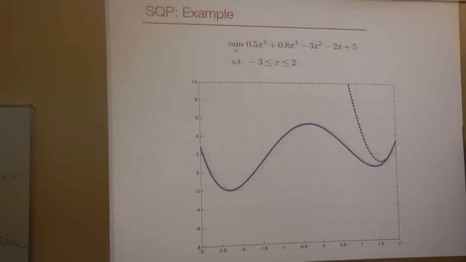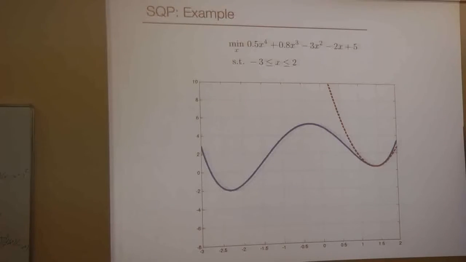And now, minimize this quadratic function subject to these constraints. Where is the minimum? Right here. Okay? So that's the new iteration. At this new point, make a new approximation. Again, optimize, find a new point, make a new approximation, and iterate until we converge.